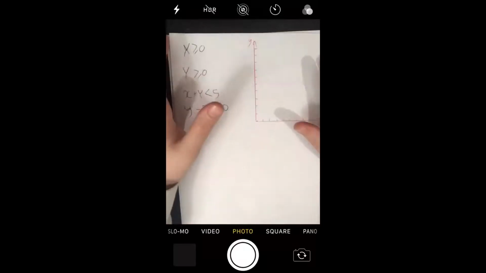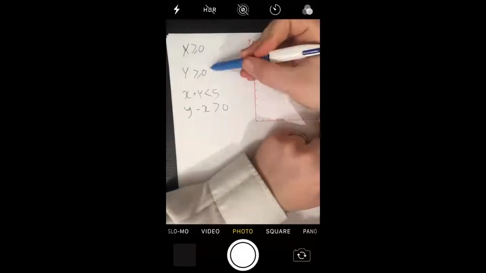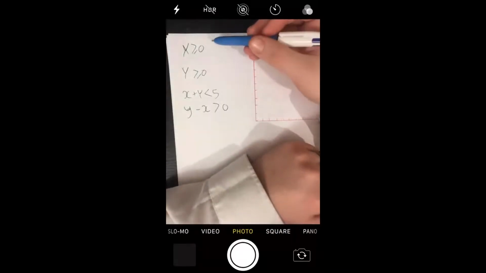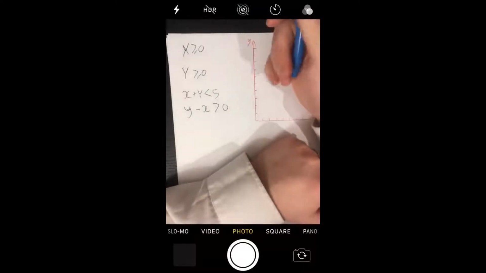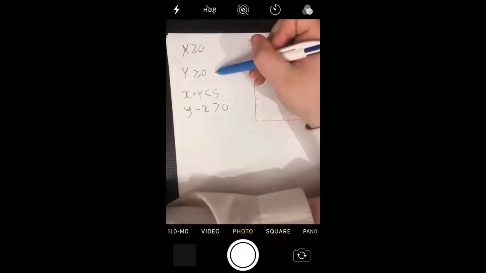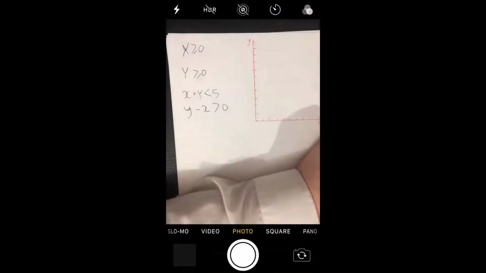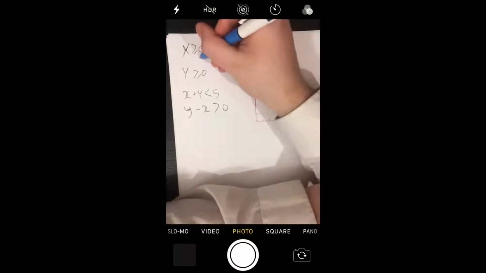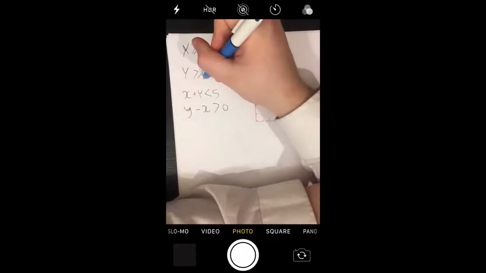Excellent. So we've got 4 inequalities here. Now that seems like a lot, but don't worry, we can pretty much ignore the first 2. This won't happen all the time, but a lot of the time you'll be able to ignore the first 2, because what these first 2 say is that x has to be greater than 0, y has to be greater than 0.